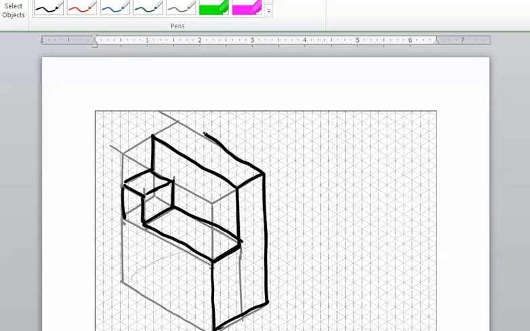And what I'm trying to get some of you guys to realize is when you do this, you don't have to erase, because even though the gray lines are there, your eyes will naturally go to the object lines.